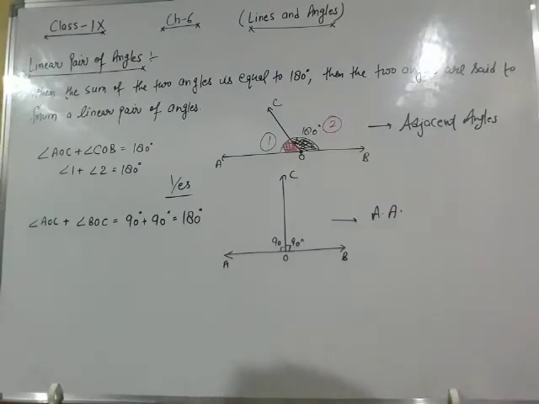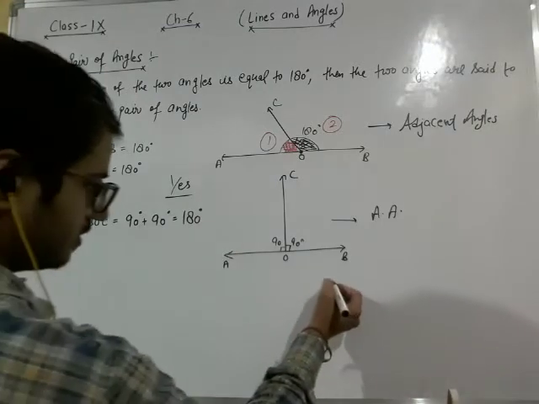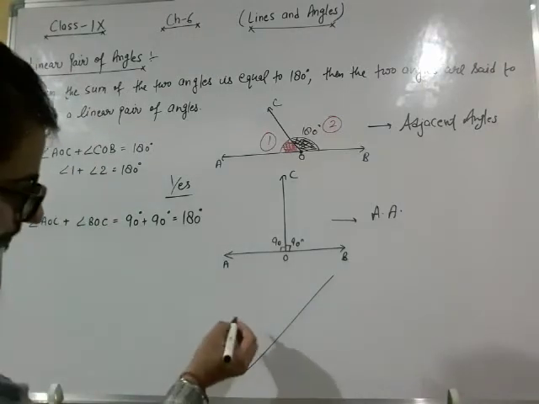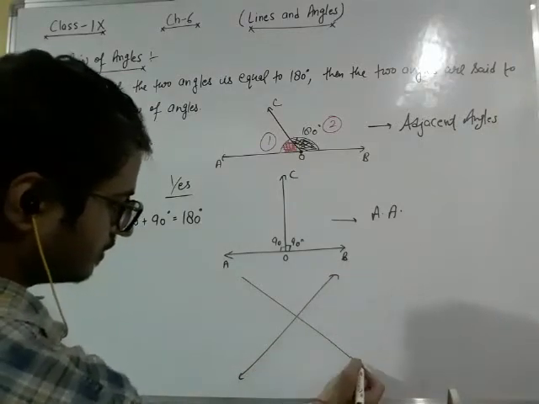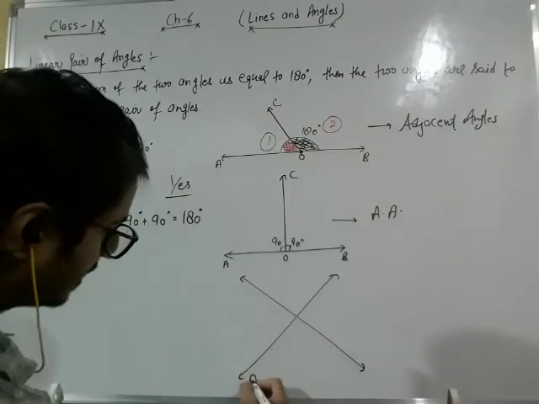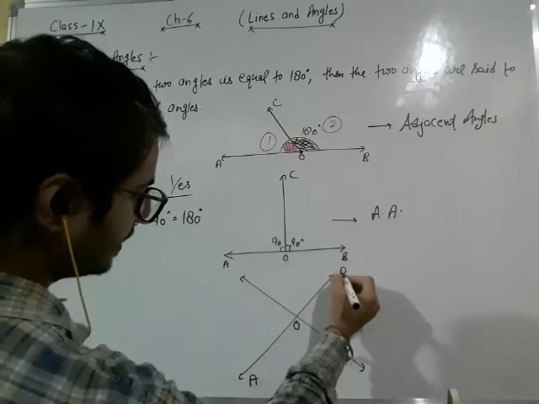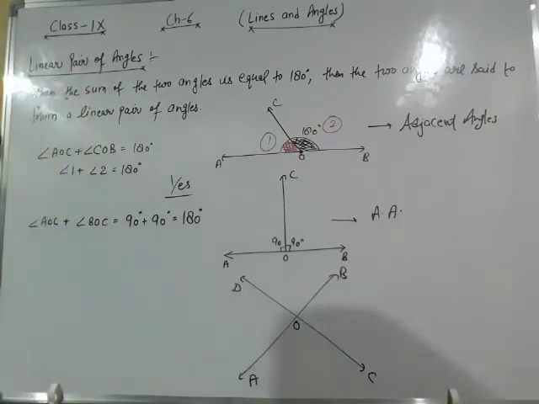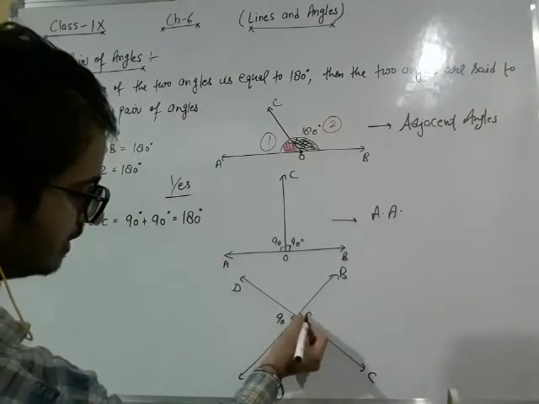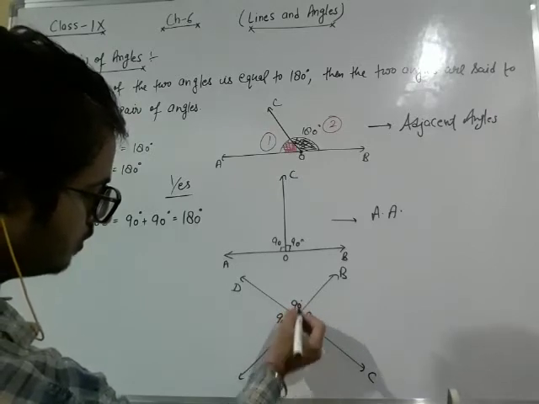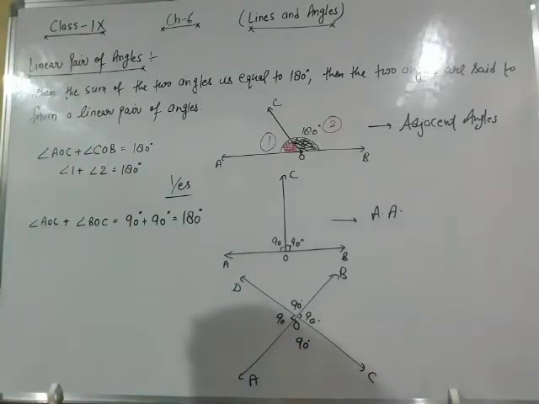Suppose I take another kind of diagram like this. Here we have A, O, B, C and D, and it is given in the diagram that these lines AB and CD are intersecting each other at 90 degrees. So all these angles will be equal to 90 degrees.